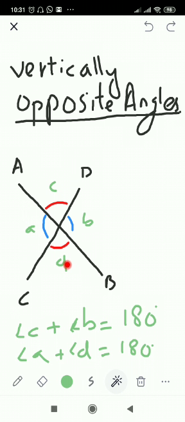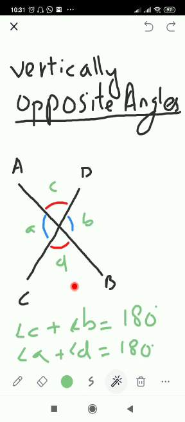C is vertically opposite to D, and A and B are vertically opposite to each other. Is it clear to everyone? Angle A is vertically opposite to angle B and angle C is vertically opposite to angle D.